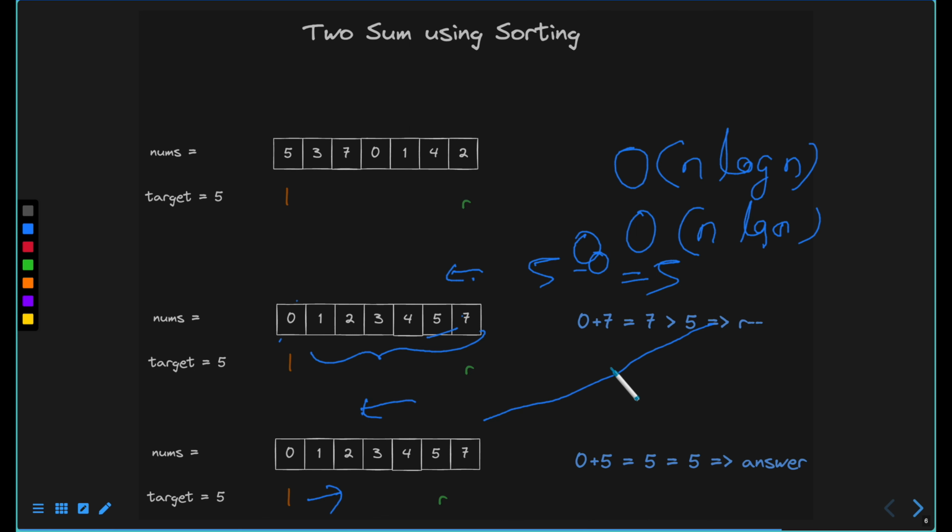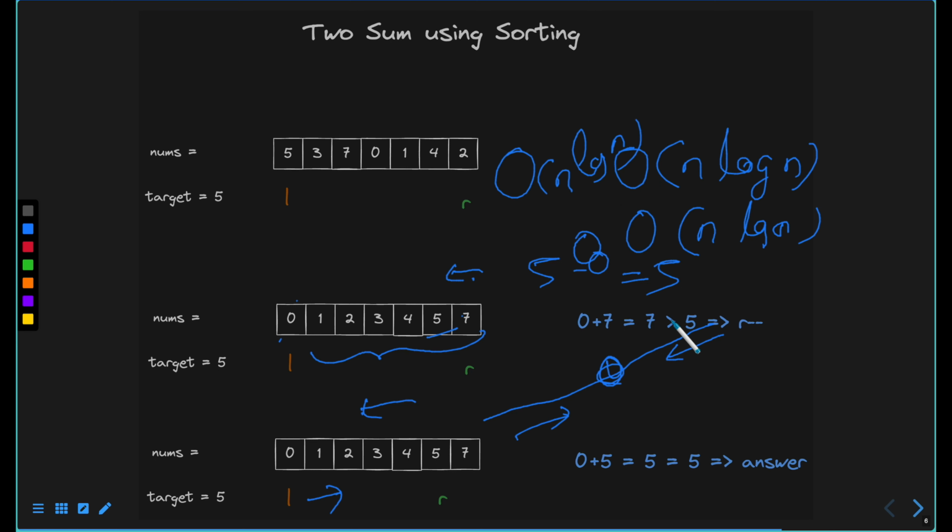If our solution is somewhere here, then either we come down or we come up, and that's what the left and right pointers are doing. Now the time complexity in this case will also be O of n log n, right? Because we have to sort the array, and then using the two-pointer approach our time complexity will be O of n, but overall time complexity will still stay O of n log n.